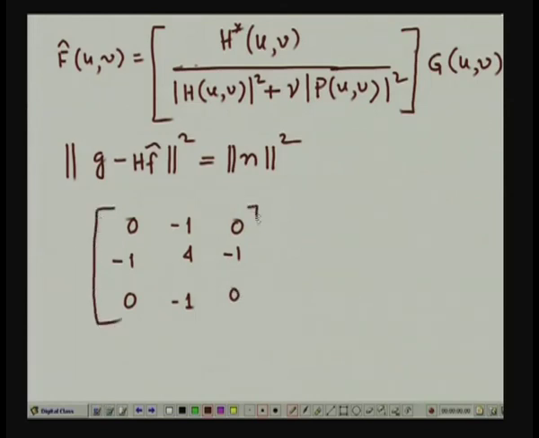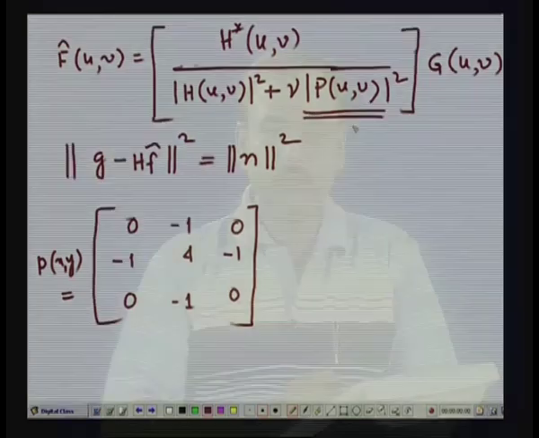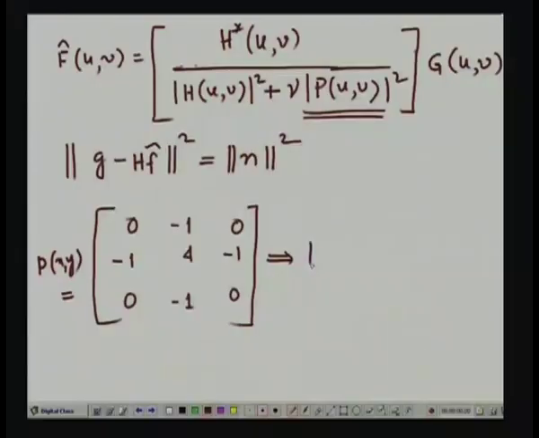This is my p(x, y), and P(u, v) is the Fourier transform of this p(x, y). You can easily identify that this is nothing but the Laplacian mask that we have already discussed in our earlier discussion.